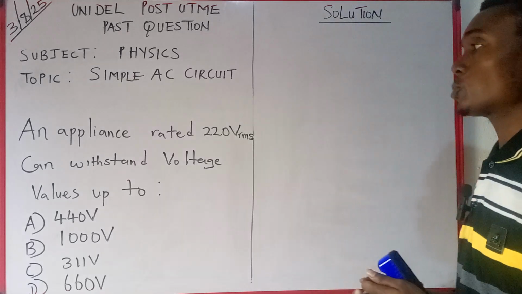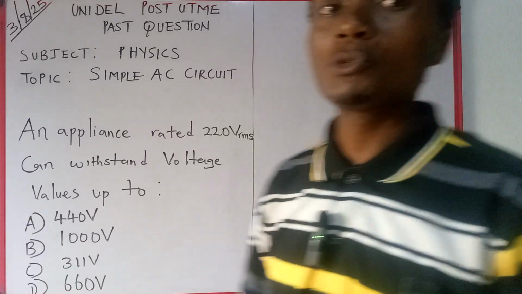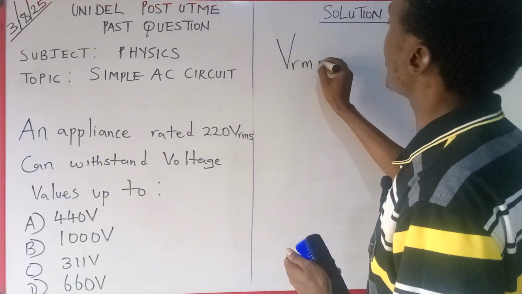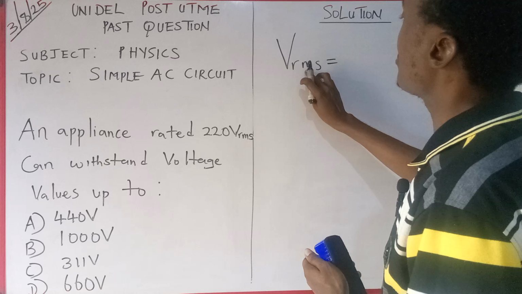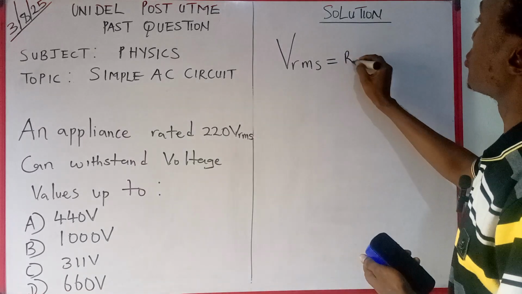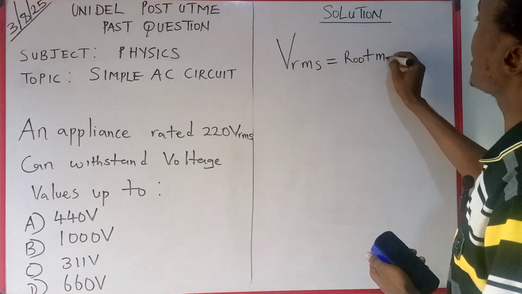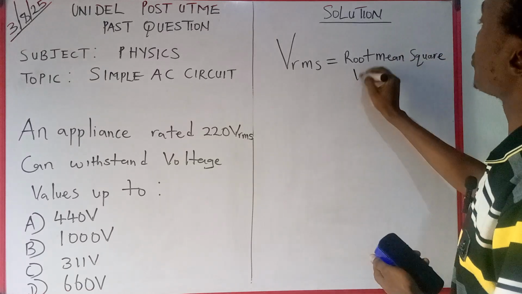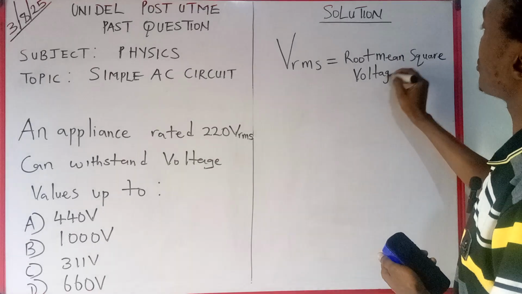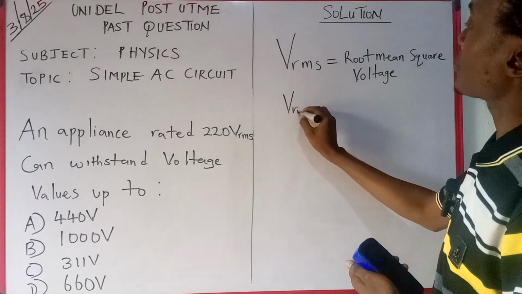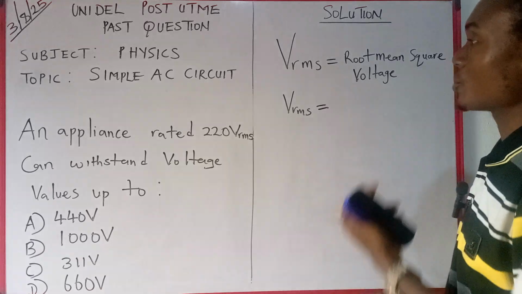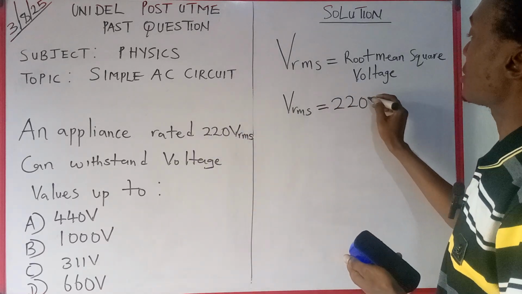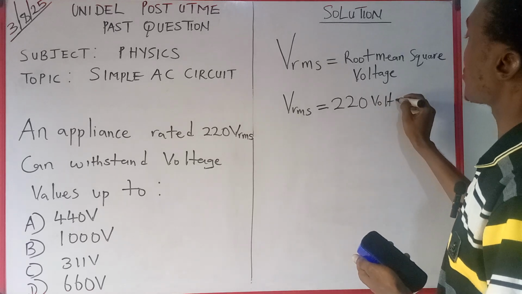So the formula we use in solving root mean square voltage, which is RMS, take note, this means root mean square. So I'm going to write root mean square voltage. Okay, so VRMS in the question is giving us 220 volts.